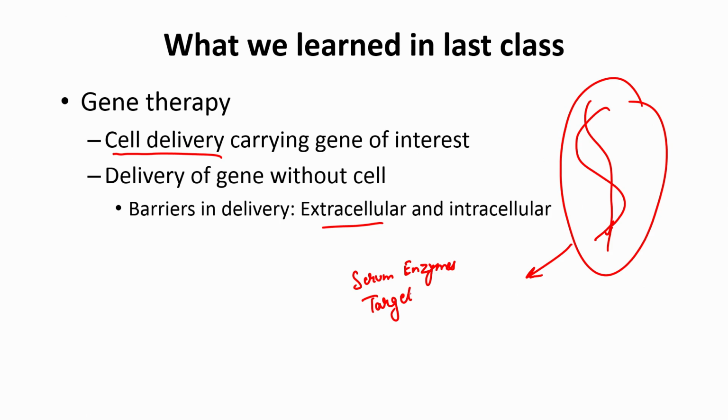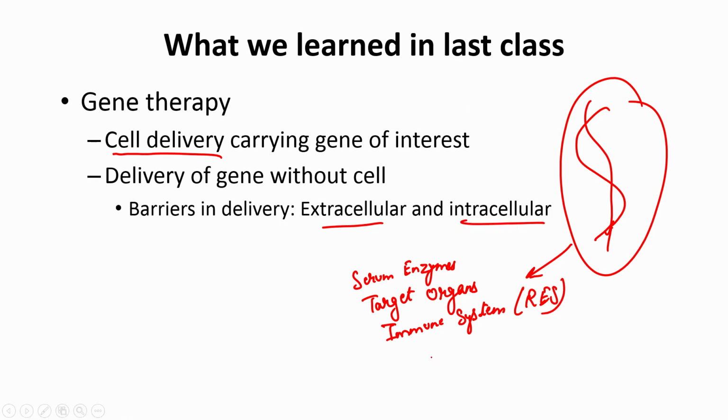Let us say you want the expression to be in the lungs; it is difficult for all the DNA to actually go to the lung. And then the immune system, or you can also call it the reticular system, will clear out quite a bit of it.